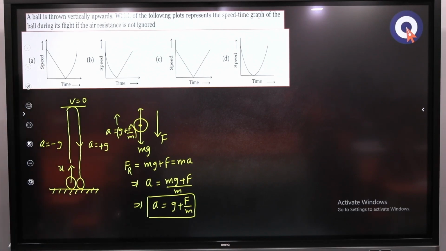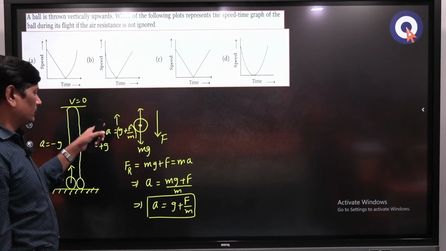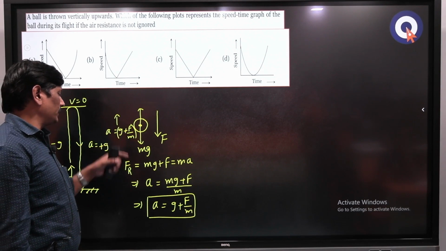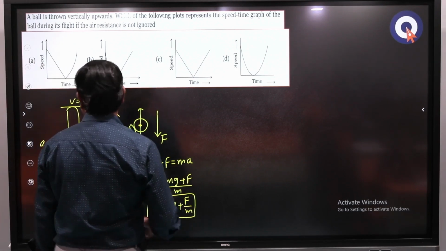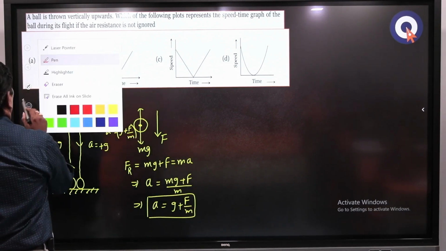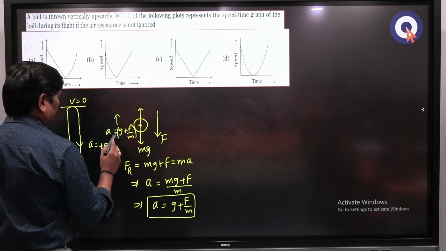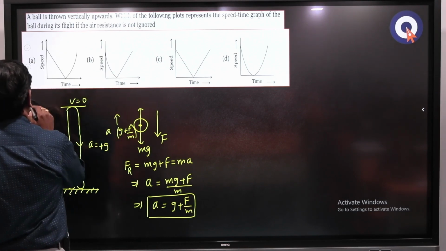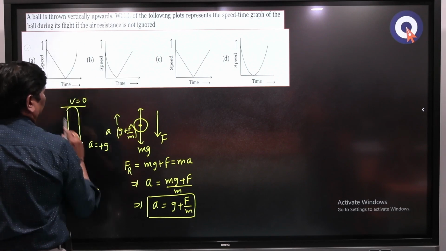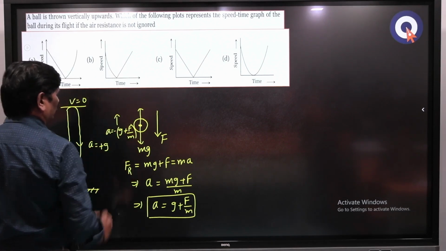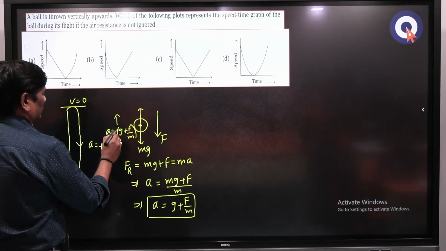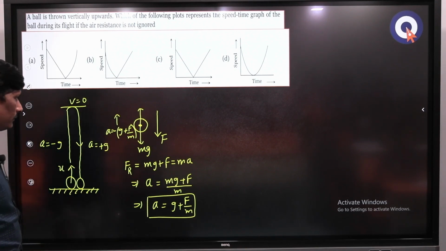While going upwards, a is equal to g plus F by m with a negative sign. Negative sign because it is going against. Put the negative sign: a is equal to minus of g plus F by m. This is the case for upward motion.